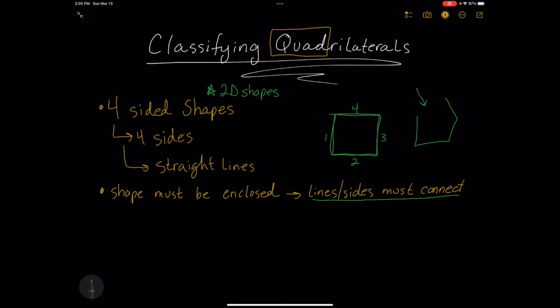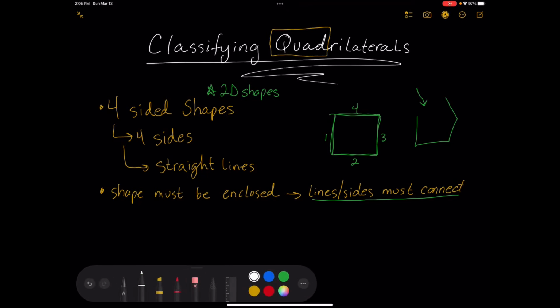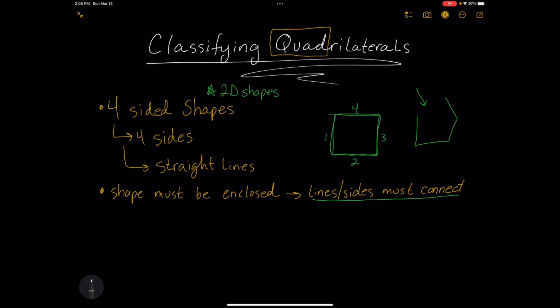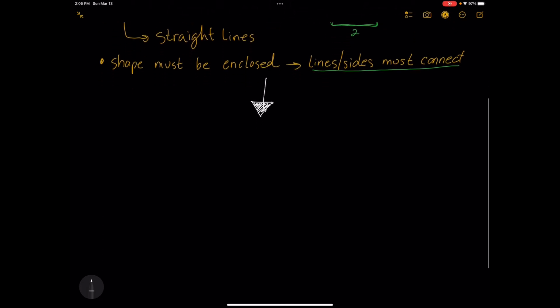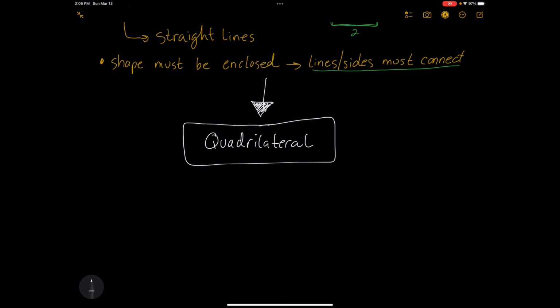Now, the interesting part here is that there are many different types of quadrilaterals. Okay, so I'll go down here and we'll look at this. So I'm going to write quadrilateral right here. And this quadrilateral is kind of this big idea, or this big category.